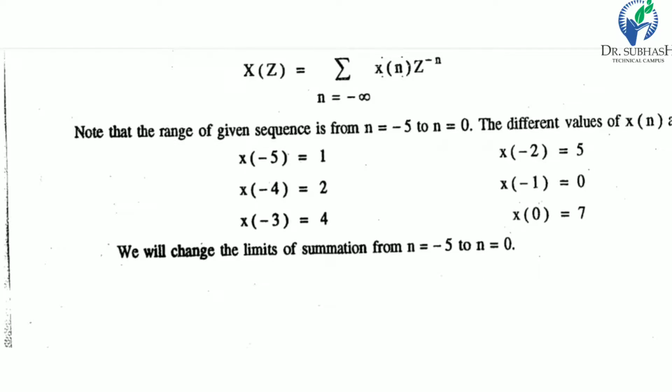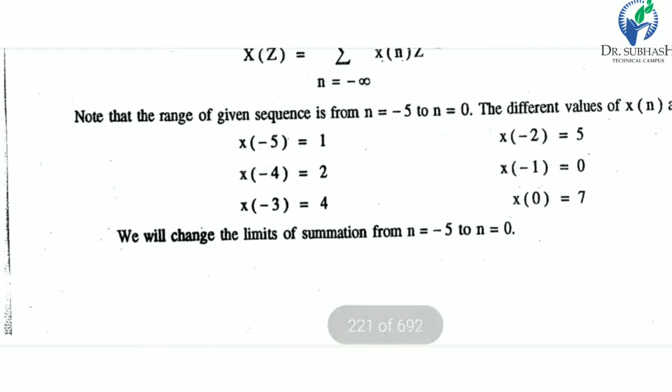The values of x(n) are x(minus 5) equal to 1, x(minus 4) equal to 2, x(minus 3) equal to 4, x(minus 2) equal to 5, x(minus 1) equal to 0 and x(0) equal to 7. So we will change the limit of summation from n equal to minus 5 to n equal to 0 instead of n equal to minus infinity to n equal to infinity.